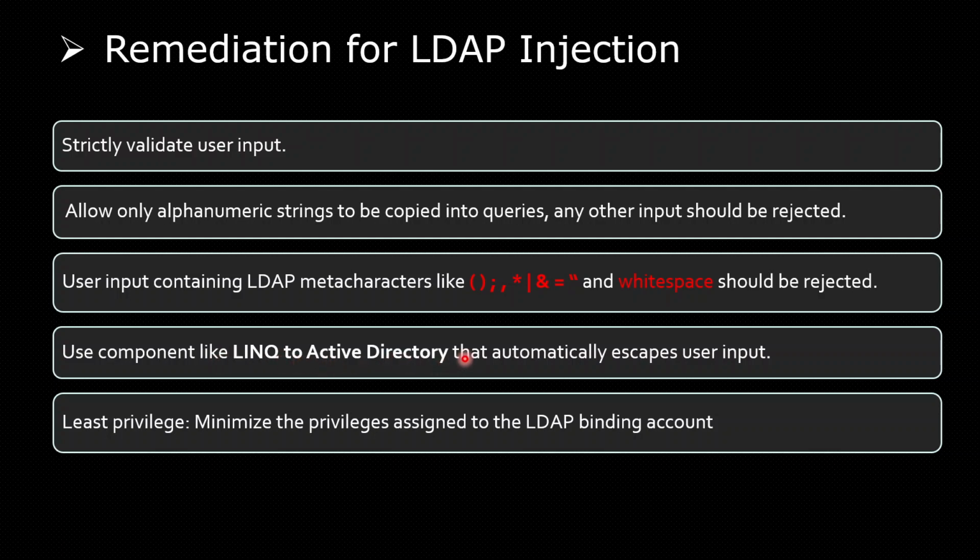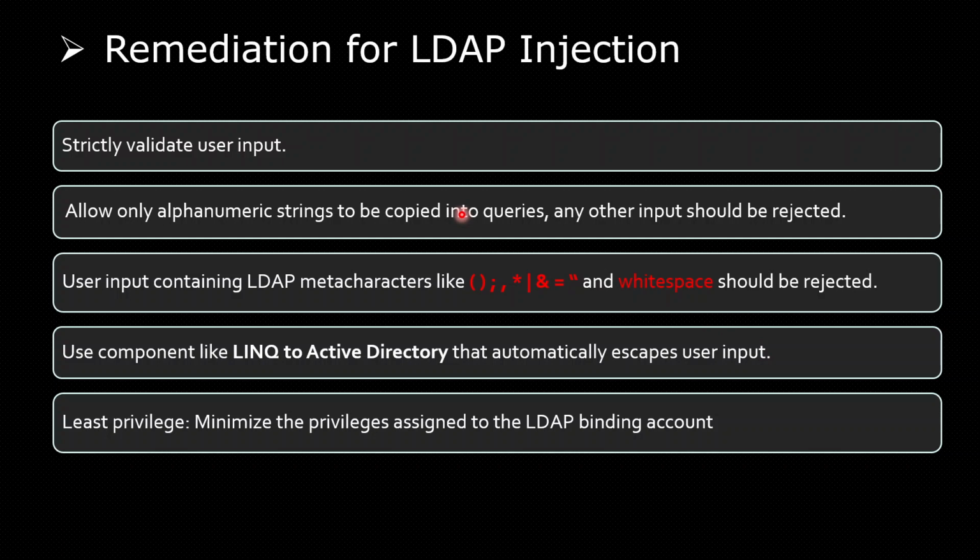If you install and configure it, it will automatically escape the user input. So if the user has entered any of these characters, it will escape the user input. It will not use that malicious part of the input to build a search filter.